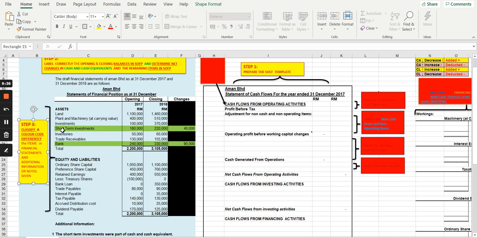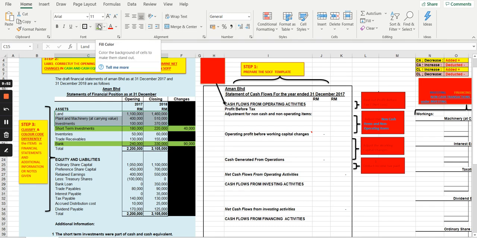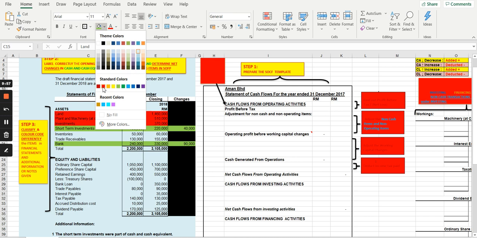And remember, we are done with our cash and cash equivalent. So I'll do the first one, which is my operating activities. I'm going to leave it last. So I'm going to do my first thing first, which is my investing activities. Investing activities is related to the acquisition and disposal of non-current assets, including investment.